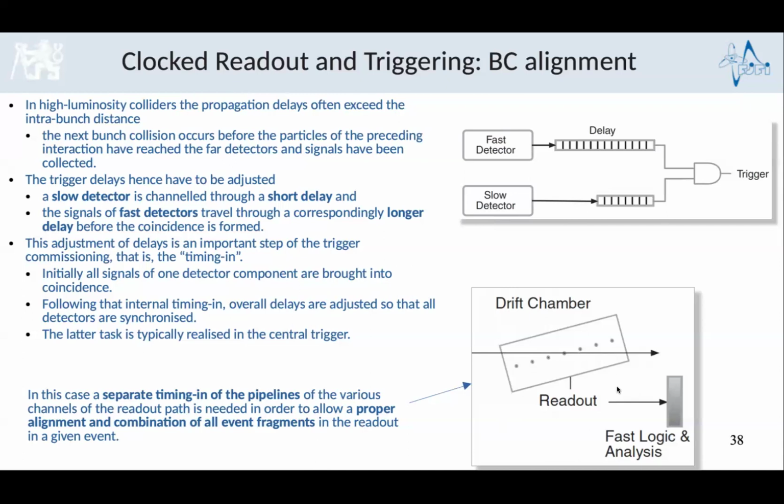In some of the more modern systems, there are trigger systems being developed to make a decision, even recognizing particle patterns with artificial intelligence, implemented for example in FPGAs that are super fast.